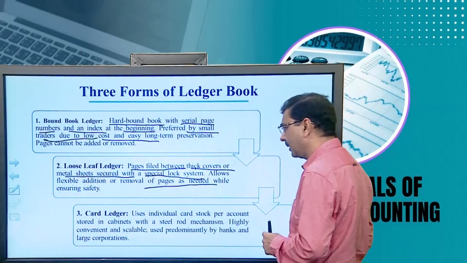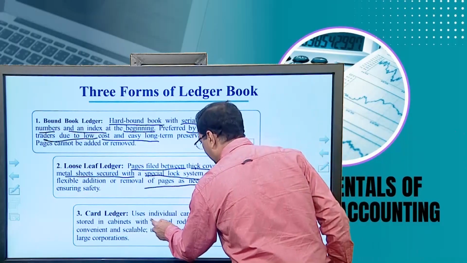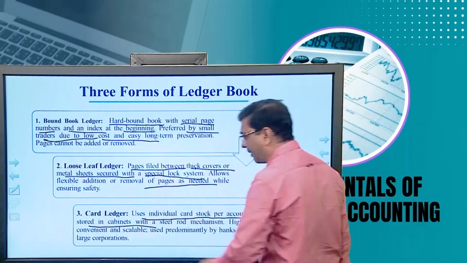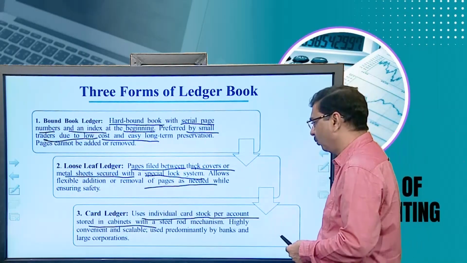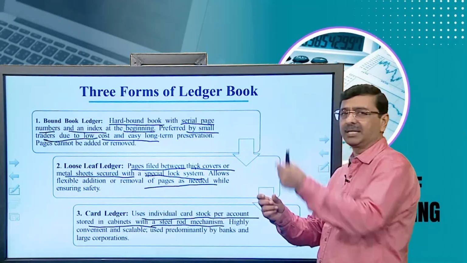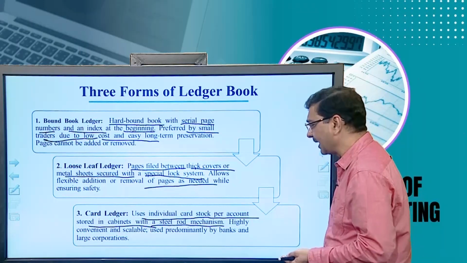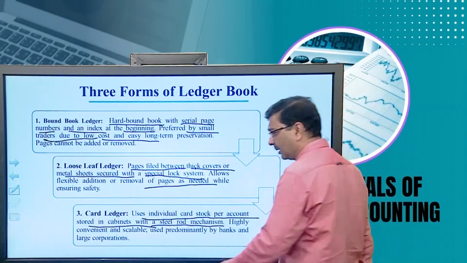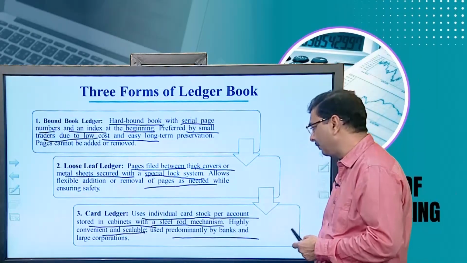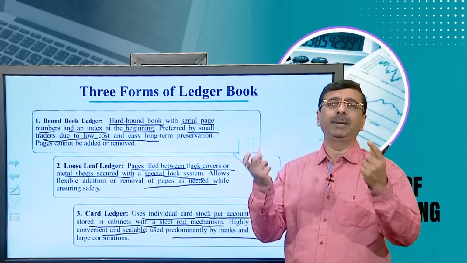Third is card ledger, which uses an individual card stock per account, and it is to be kept in a cabinet, a steel cupboard with rod mechanisms, and it is convenient and scalable, but you have to be very careful in making all these accounts.